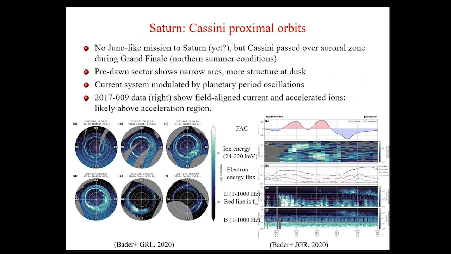Although there's plenty of Hubble image data, the sort of data that Juno is getting in Jupiter's auroral zone we don't really have at Saturn because of the orbit of Cassini, although there were a few passes during the final proximal orbits of Cassini before the grand finale. And you see some of the same features as well. Here are upward currents associated with accelerated ions, and a downward current region, which is a little bit more noisy. And of course, you also see these electron fluxes. So this is my only real slide referring to Saturn, so most of the talk will continue to focus on Juno data.